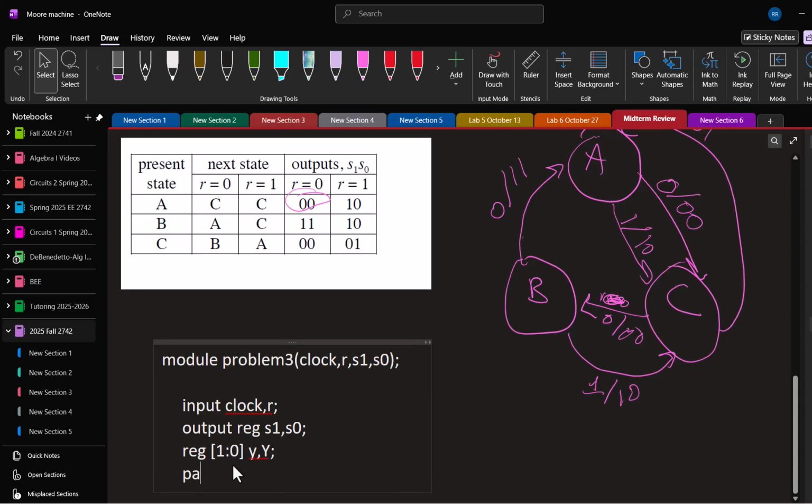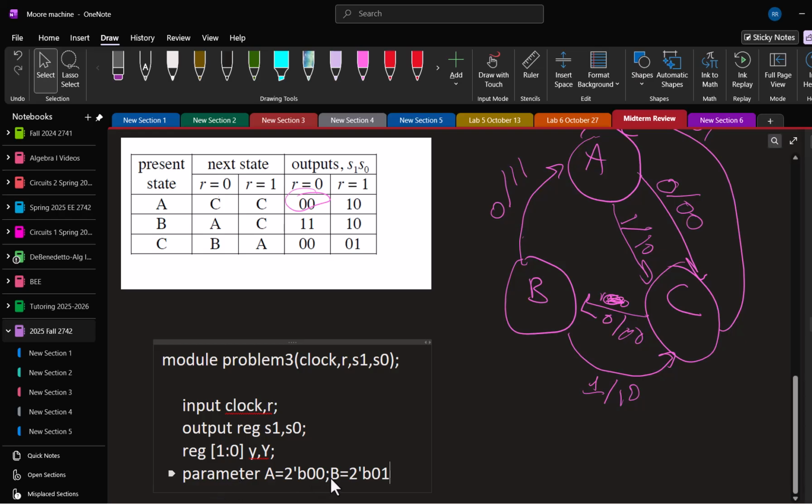And I'm going to have parameter, and you can assign these however you want, except because I have 2 bits, it needs to be a 2-bit binary number. A equals 2'b00, B equals 2'b01.